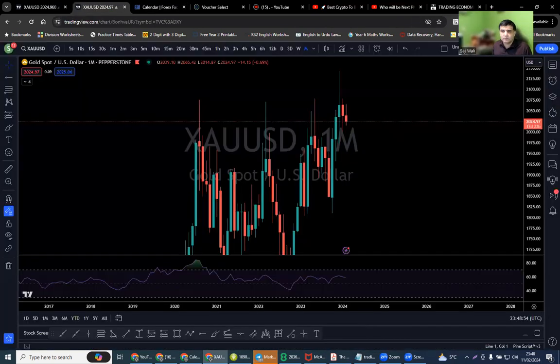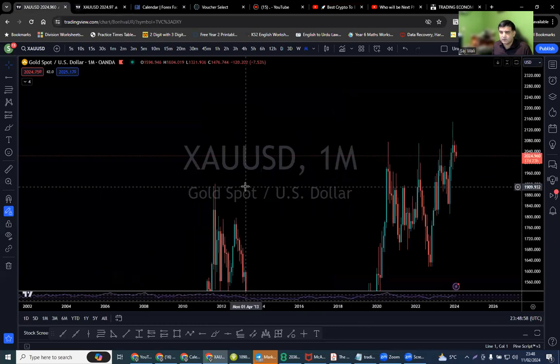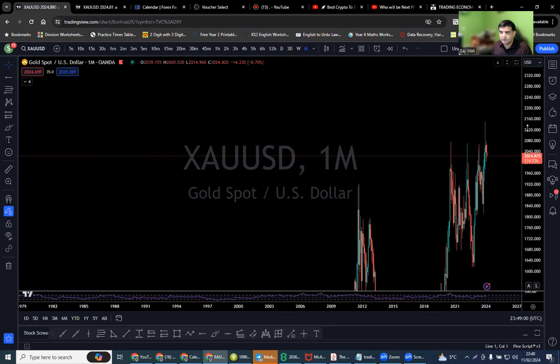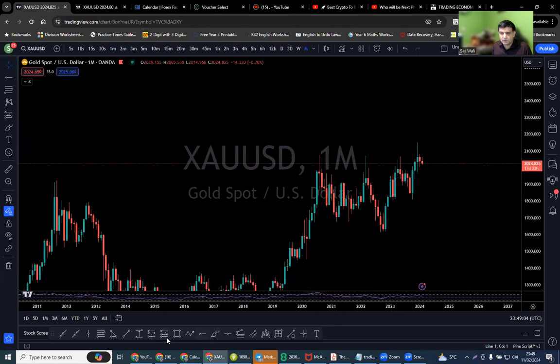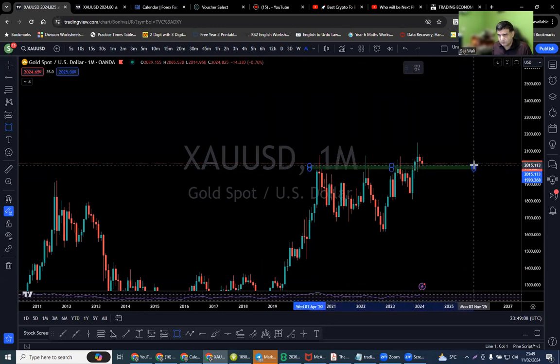And going to gold. Let's see what's happening here. Starting with monthly time frame. This is an area which was broken.